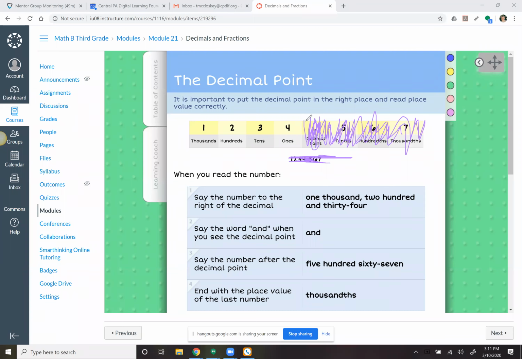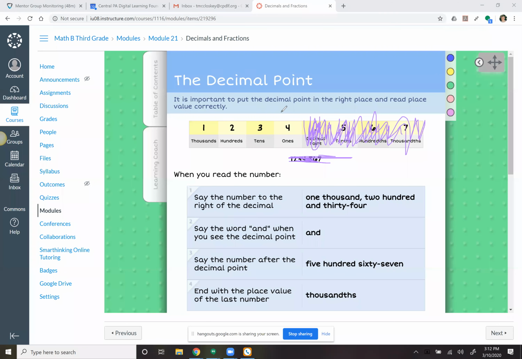So how much is this number 4 worth? 1. Yeah, that's the ones place. 4 ones. So this is just the ones.